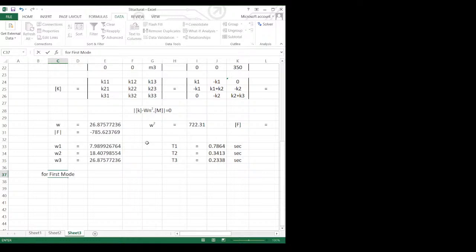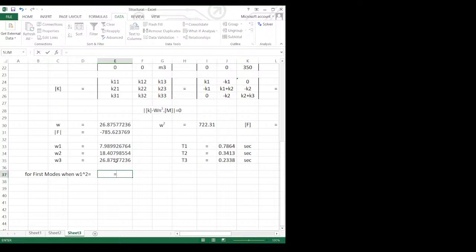We have to calculate the modes, when omega 1 square is equal to this into this omega square. What we have to do? We have the matrix.